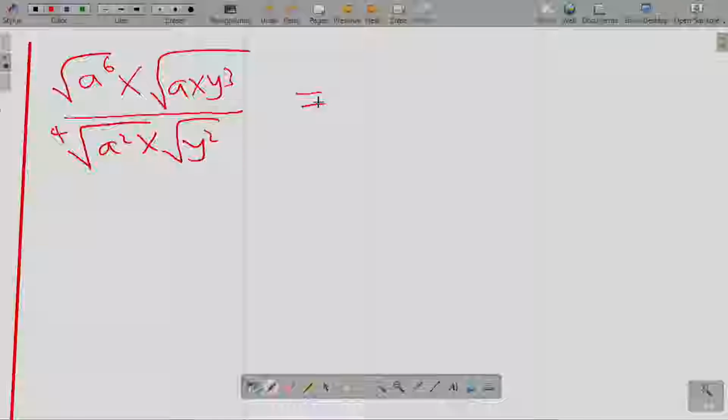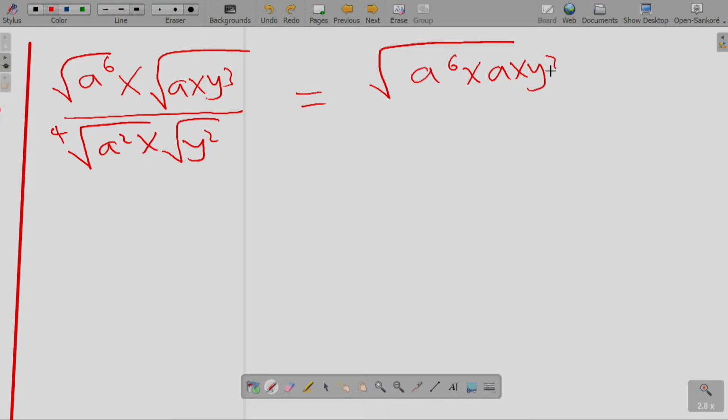We see that a to the power 6 and a times y cubic both have square root, so we can take the common square root and write a to the power 6 times a times y cubic. The denominator has a fourth root, so we can simplify it as a square times 1 over 4, times the square root of y square.